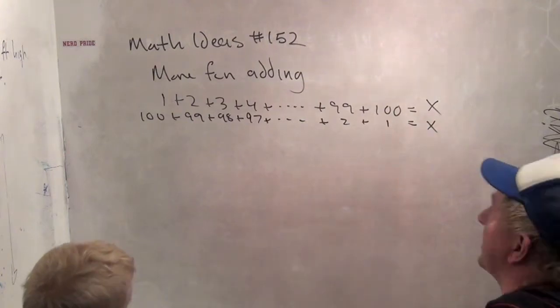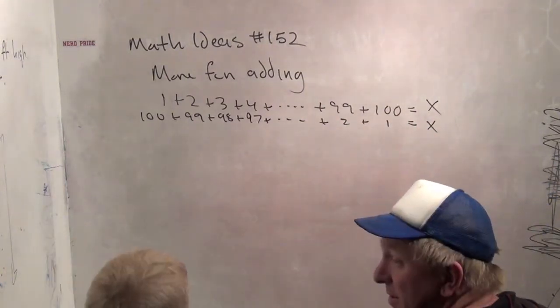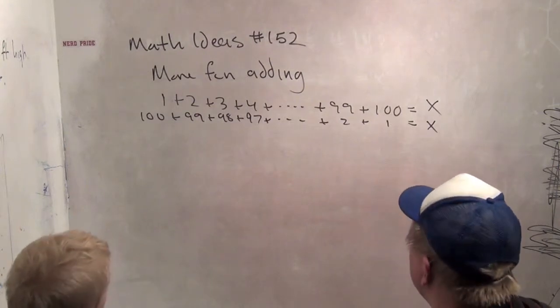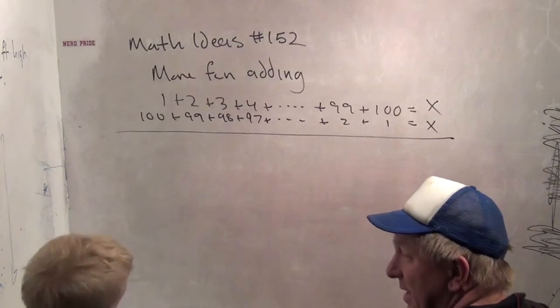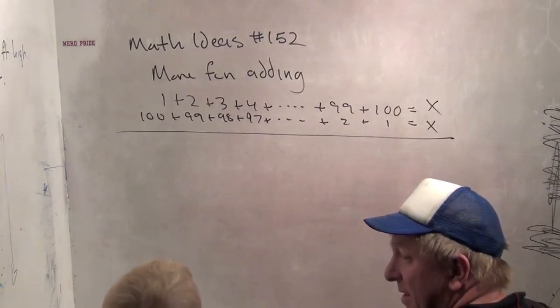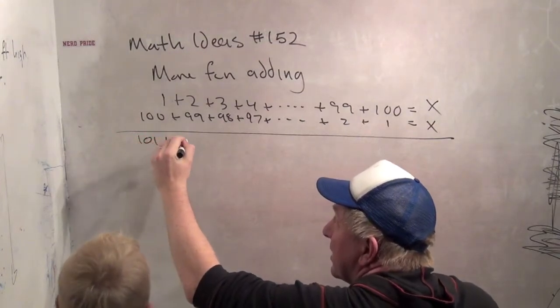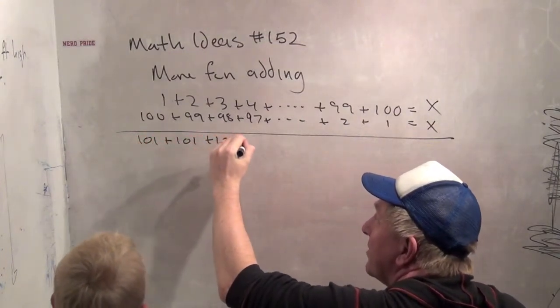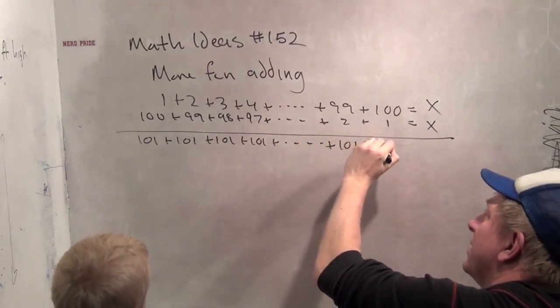And that also equals x, because we can write the numbers forwards and backwards and they add up to the same thing. What do we do now? Now we get a lot of 101s. We get 101 plus 101 plus 101, because everything adds up to 101.